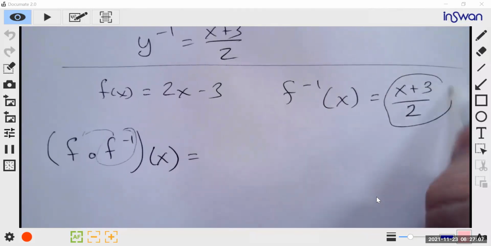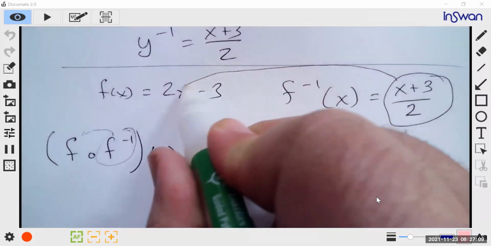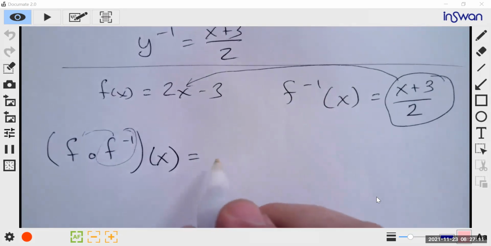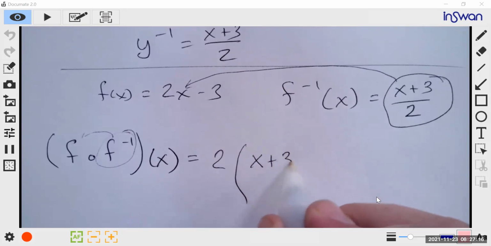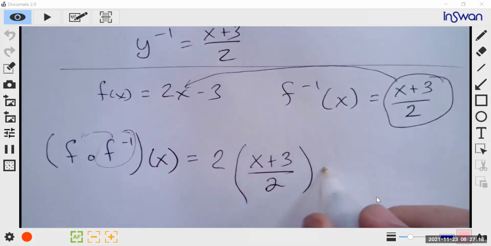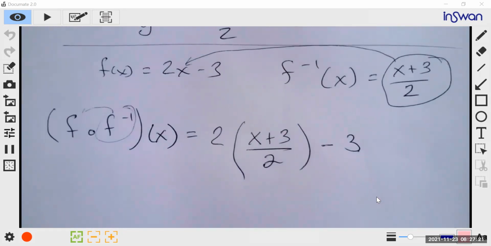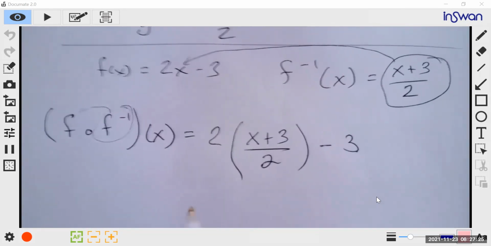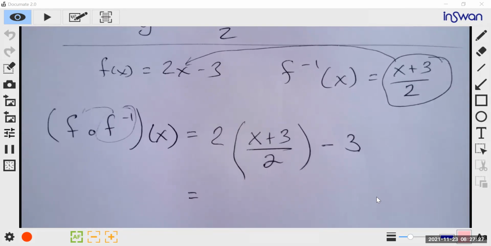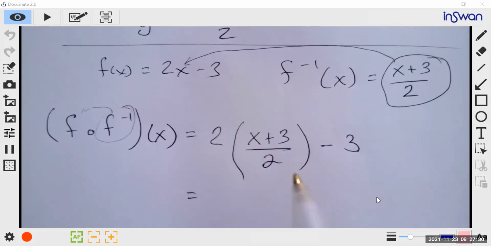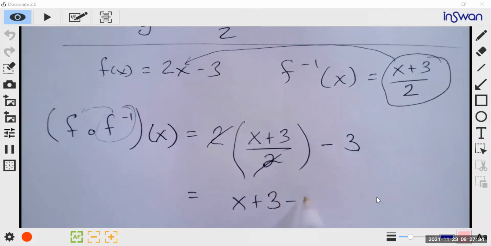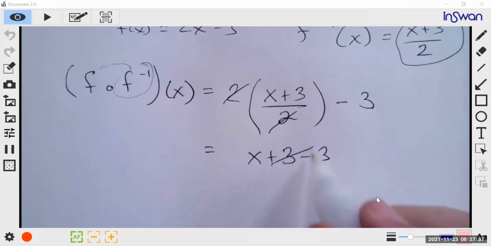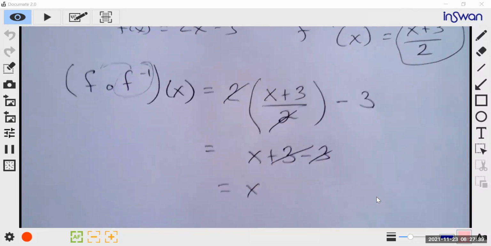So this equation goes in place of x of the first one. 2 times x plus 3 over 2, minus 3. The 2's cancel, so we have x plus 3 minus 3. The 3's cancel, so we just have x.